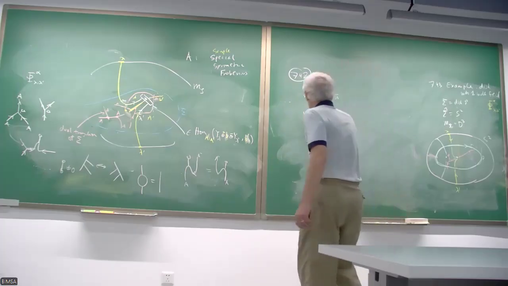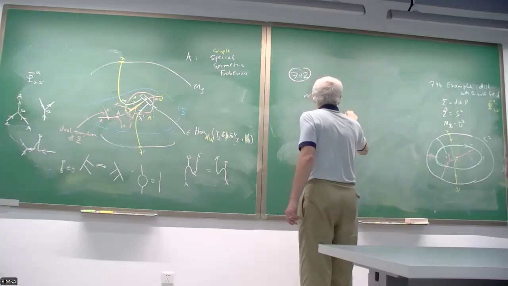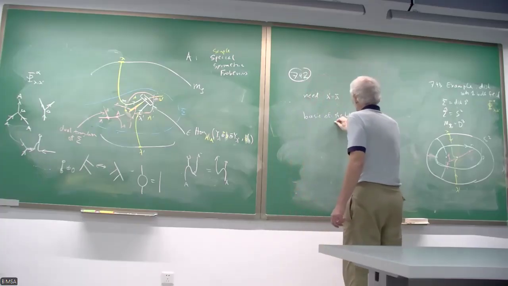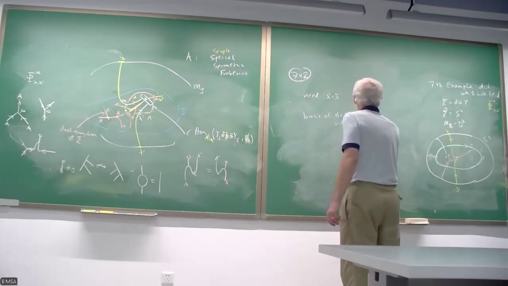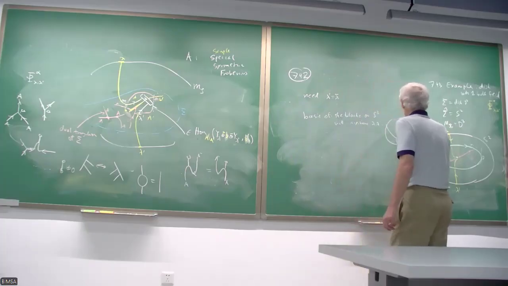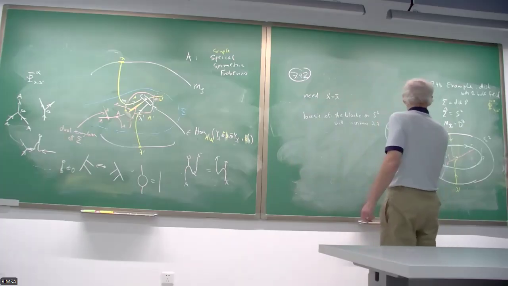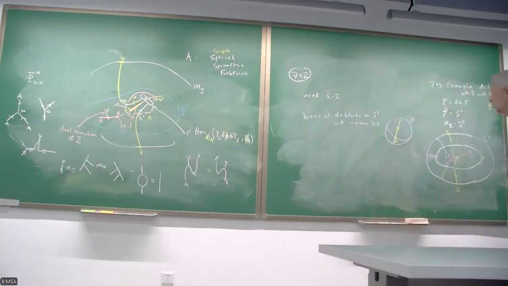And then I have a basis of the space of blocks on S2 with insertions lambda and lambda prime, just given by the three ball with a single line, label lambda.